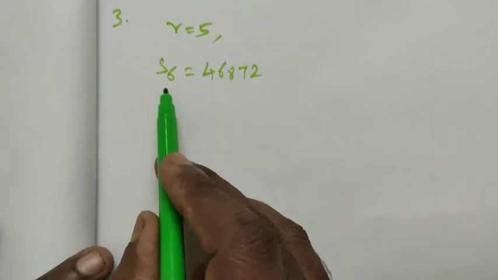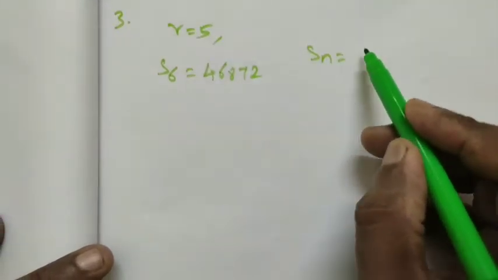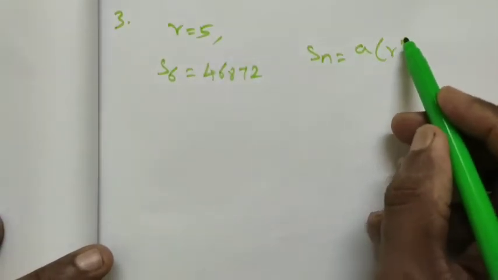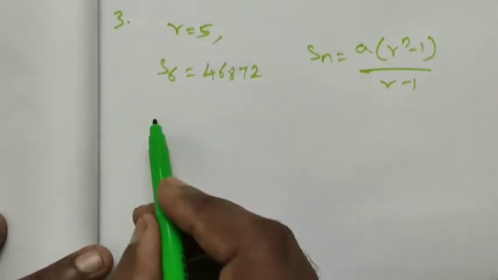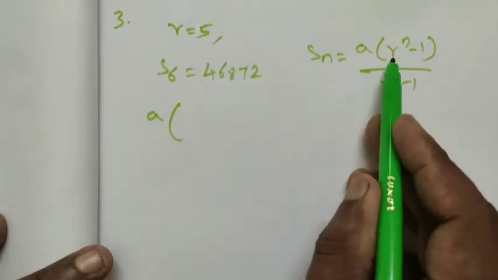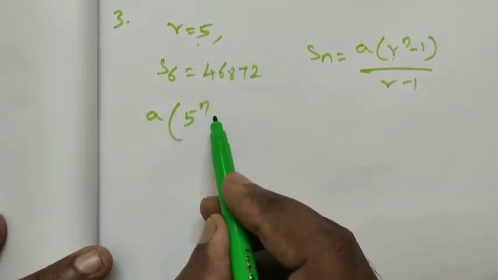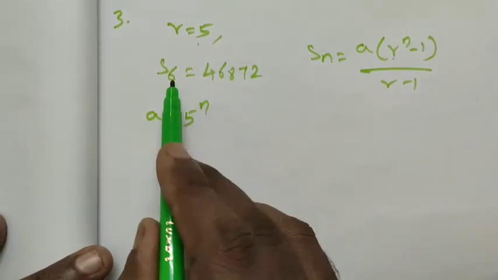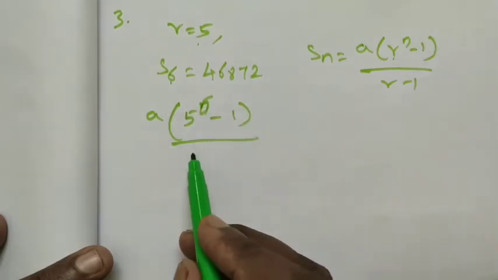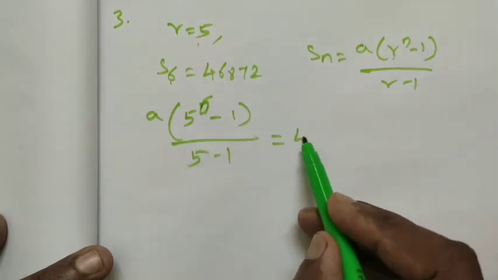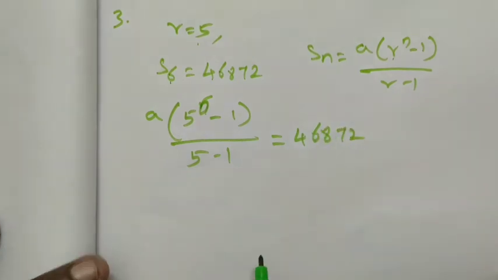We know the formula Sn is A into R power n minus 1 divided by R minus 1. Applying it here, A into 5 power n, where n is 6, 5 power 6 minus 1 divided by 5 minus 1 is equal to 46872.